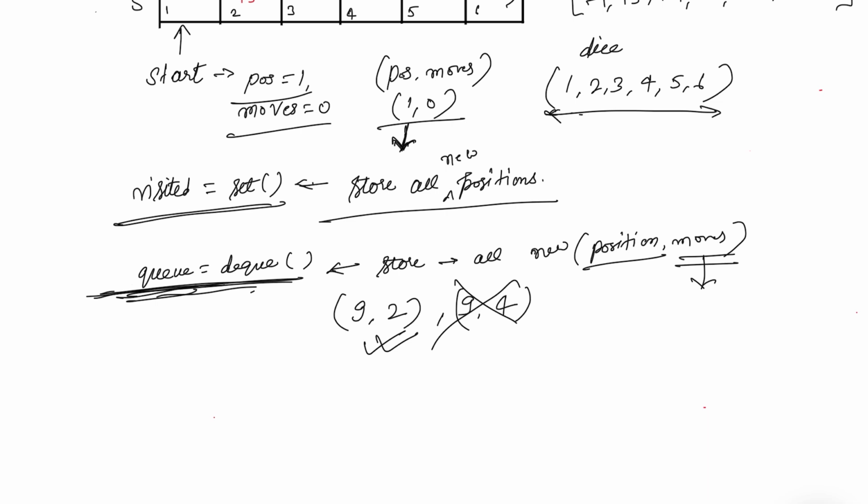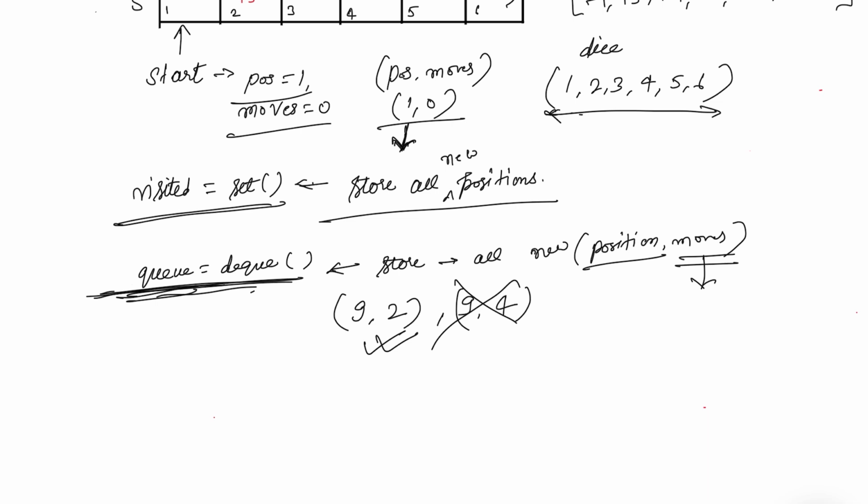When will we come out of this whole program? When we have reached the destination. So when we have reached the destination, we will come outside of this program and return the minimum number of moves. That will be our answer.